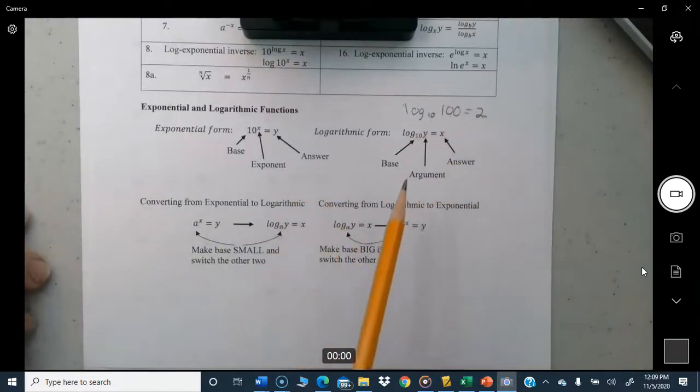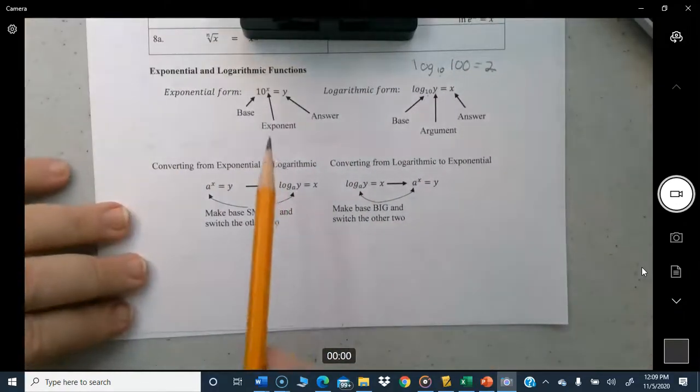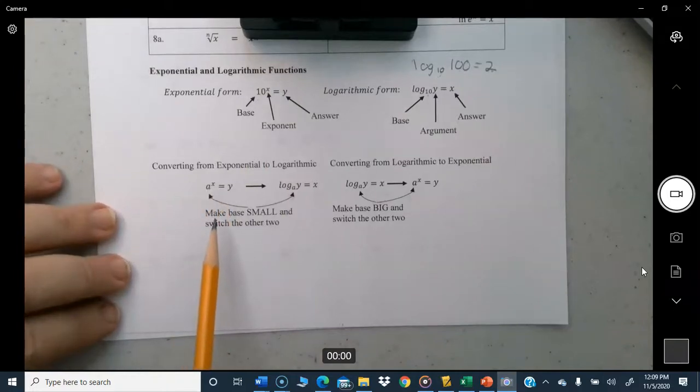All right, so how you switch between the two down here, if this is an exponential form, the way I remember it is you make the base small and switch the other two. So the a becomes small. You've got to put the word log on first, I should have added that. So you make the a small, so it's log a, and then the x and the y switch places.